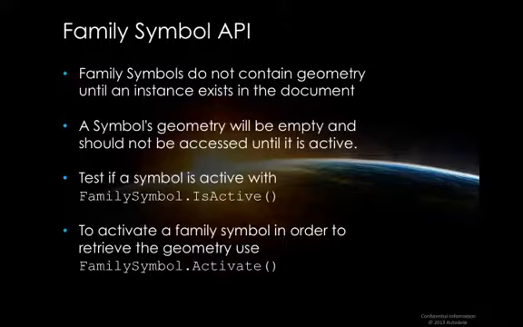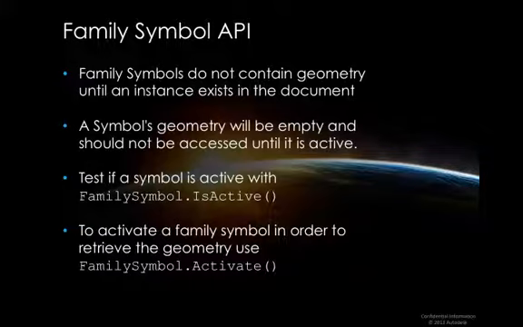Another change affecting existing applications is the loading of family symbols. In previous versions of Revit, whenever a family is loaded, all of its symbols are instantiated and generate geometry.